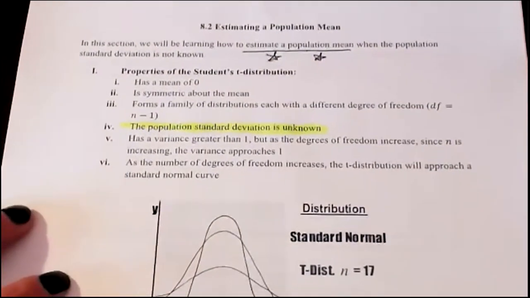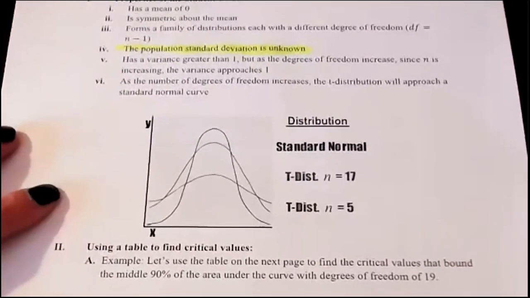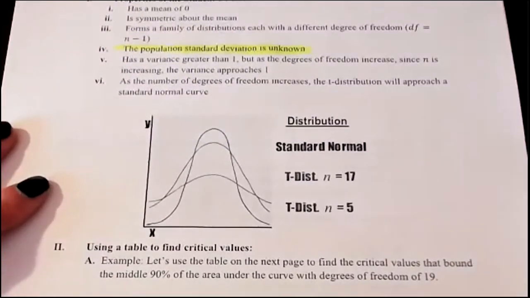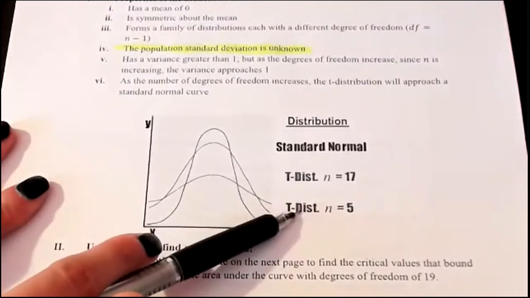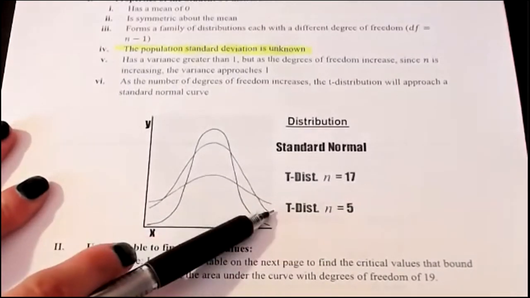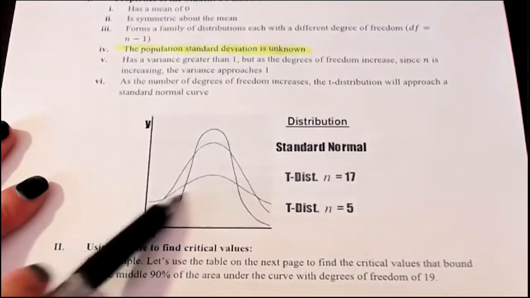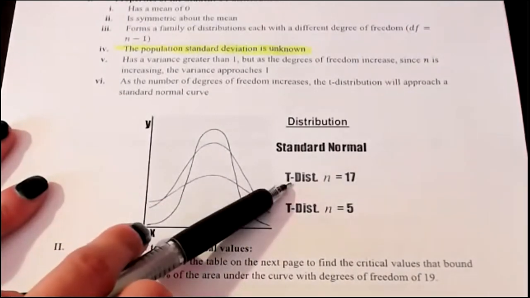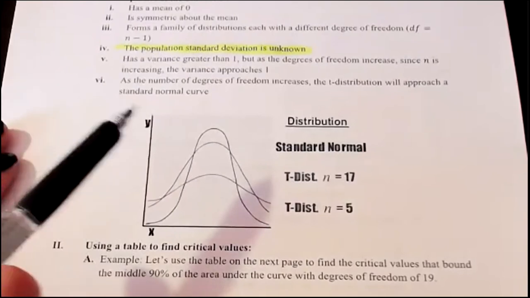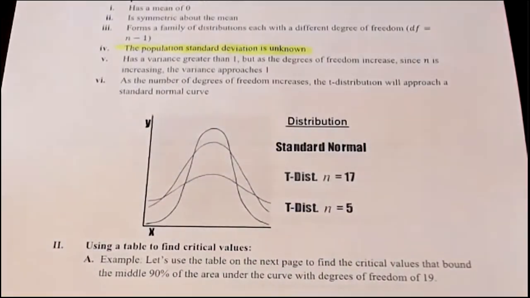As it increases, the T distribution approaches a standard normal curve. Notice here, when we have our T distribution of n equal to 5, it's a very small sample. Notice how spread out these values are. When our T distribution n is equal to 17, notice it continues to get closer and closer to the standard normal curve. The more degrees of freedom we have, the closer to standard normal we get.